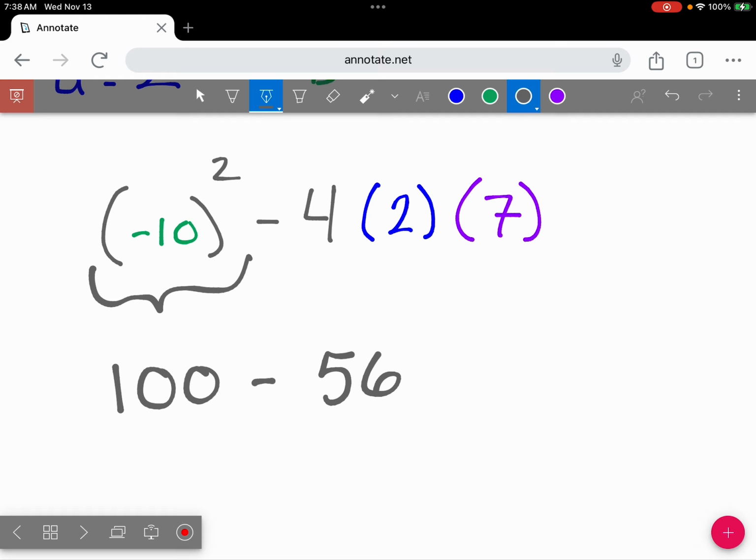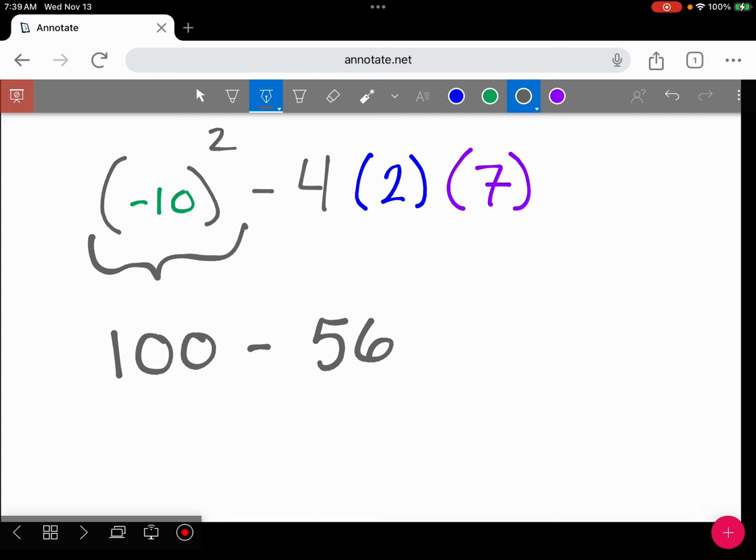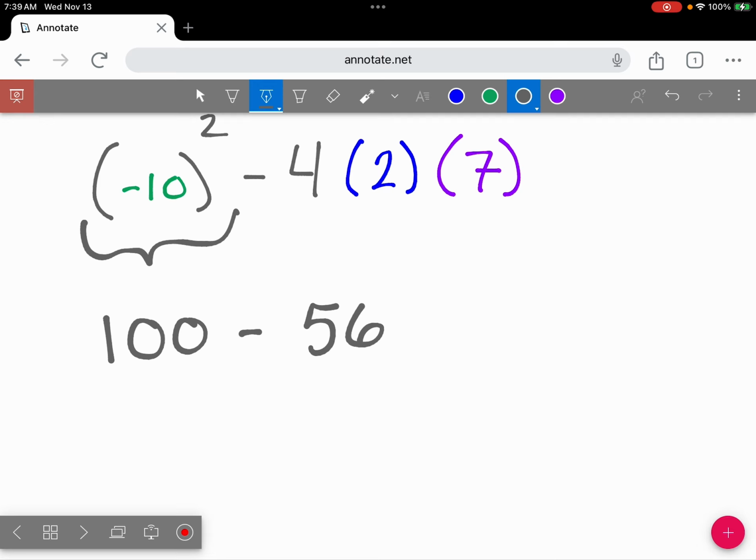When in doubt, do your multiplication in pieces. You can either do 2 times 7 to make 14 then times 4, or you could do 4 times 2, which is 8, then 8 times 7. Sometimes we're a little more comfortable with that than doing 14s. So 100 minus 56 is going to be what? 44.